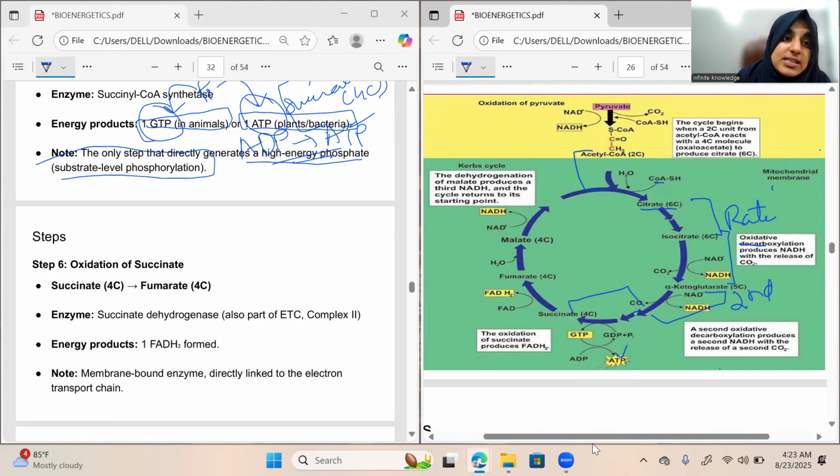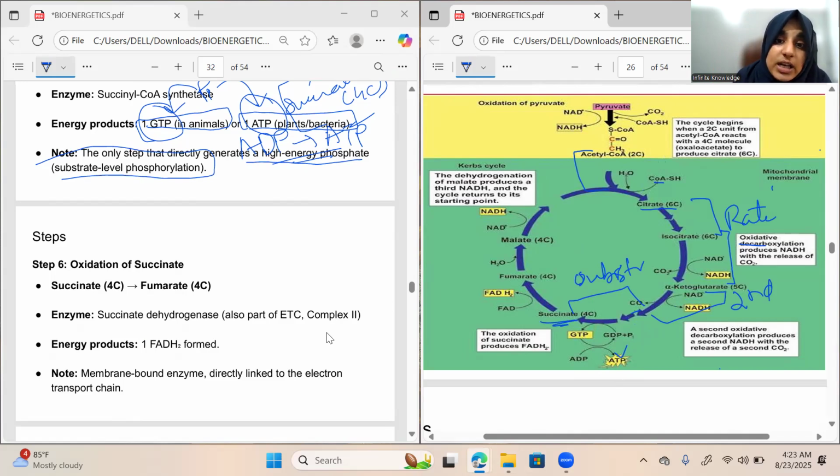This is the process that is known as substrate level phosphorylation. Why? Because at the level of the substrate, at the level of ADP or GDP, phosphate is being added. Phosphorylation happens in order to produce an energy compound known as GTP or ATP. After production of succinate, what happens?